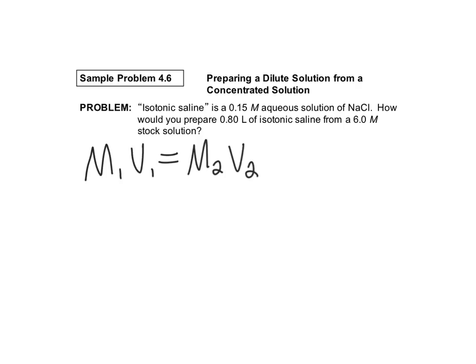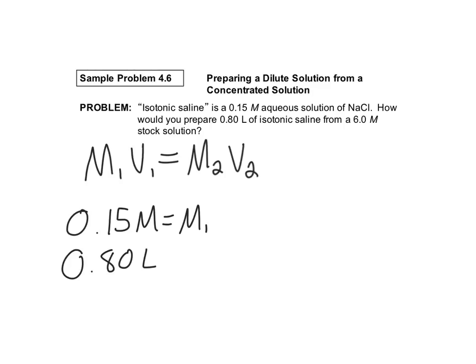So, I'm going to let my 0.15 molar aqueous solution of sodium chloride, that's the one I'm trying to prepare, be M1. Now, I'm trying to prepare 0.80 liters of that 0.15 molar solution, so I'm going to let that be V1, because that's how much I want to make of the isotonic saline.